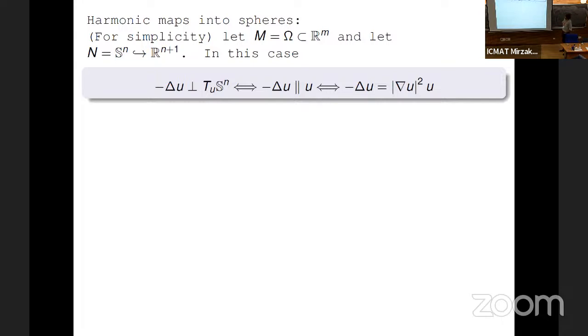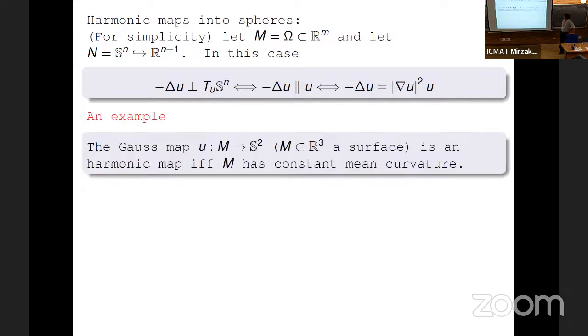Okay, so let's look at this equation. This is a nice nonlinear equation. Let's look at it in terms of regularity. Suppose that you solve this equation in a weak form, so you're looking for H^1 solutions. Then this first factor here is an L^1 function, and u is L^infinity because it takes values in the sphere.